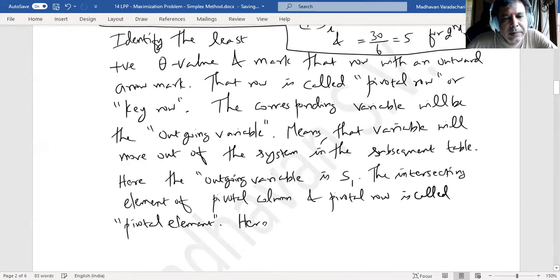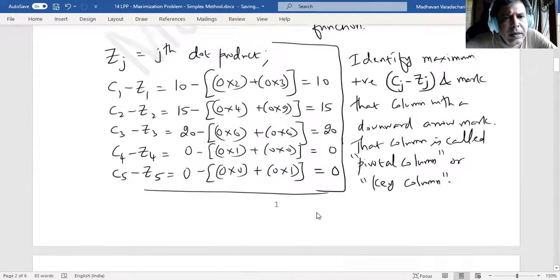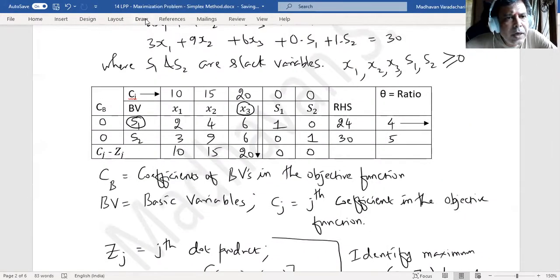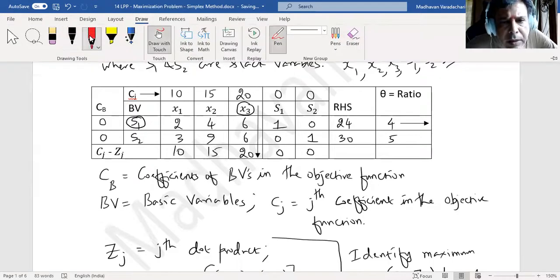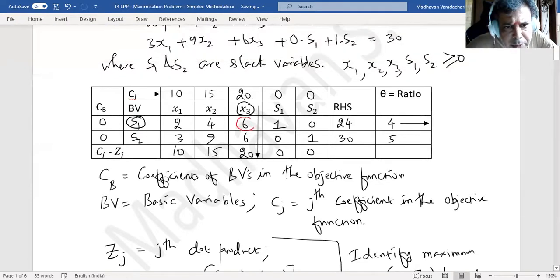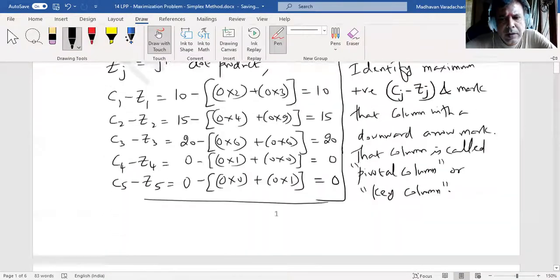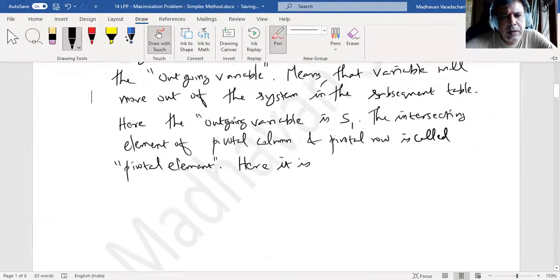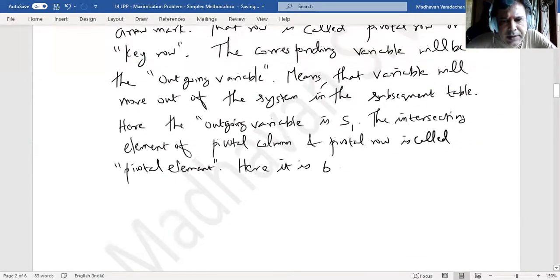Here it is. Let me mark that with the red color, the pivotal element. Yeah, this first row is your pivotal row. This third column is your pivotal column. So the pivotal element is this particular 6. That is your pivotal element. Here it is 6 in the first row.